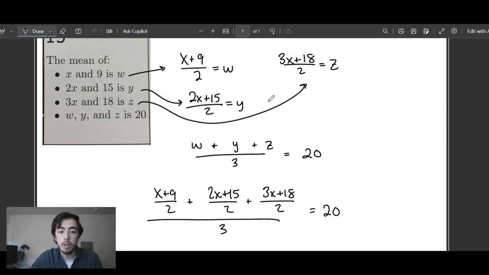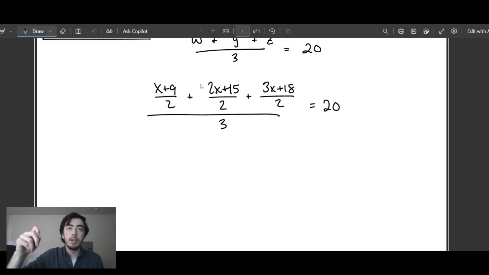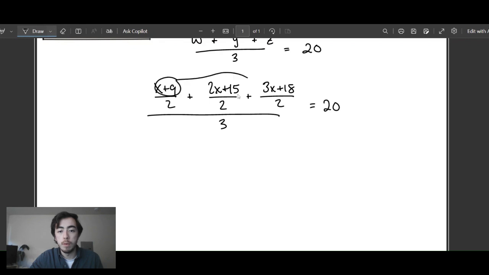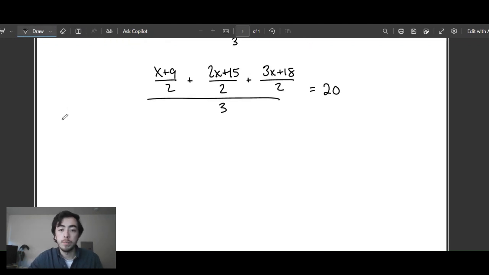The first thing I'm noticing is that everything in my numerator here is being halved. And I know that I can swap the order of addition and division sometimes. If all 3 of these things are being halved after being added up, I could swap the order. I could add them all up first, then divide by 2 later.